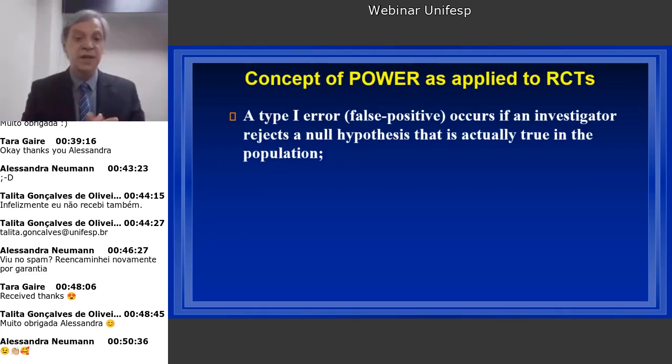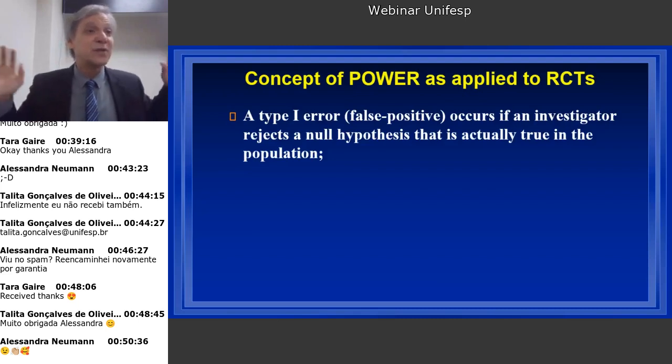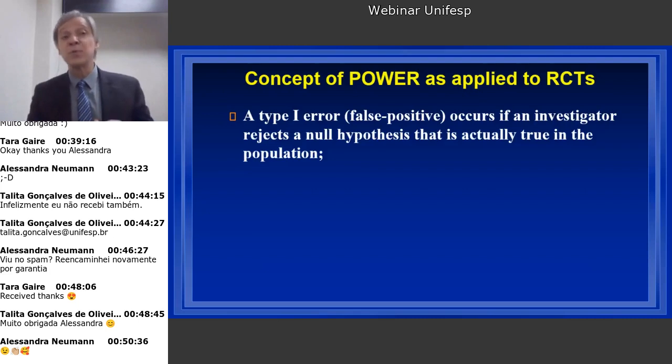Which is to say, my null hypothesis is that diabetic and non-diabetic patients will have the same A1C at the end of this trial. That's a null hypothesis, whatever treatment you're giving them. So the alternative hypothesis: A1C will be better for the treatment group than the non-treatment group. You can write it in many different ways. But type 1 error is very powerful stuff.